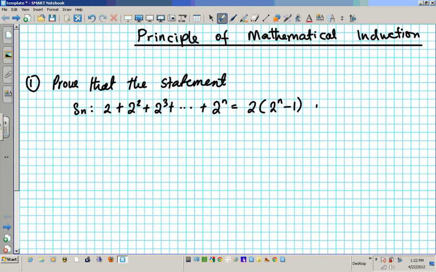The statement is true for n greater than or equal to 1, or all positive integral values of n. Okay, prove that this is true.